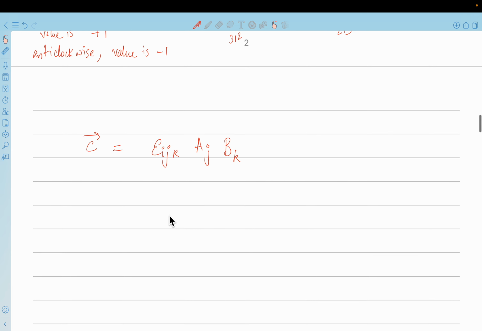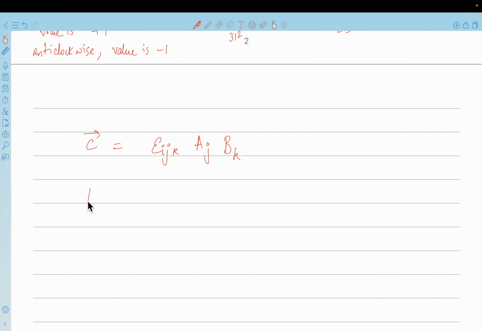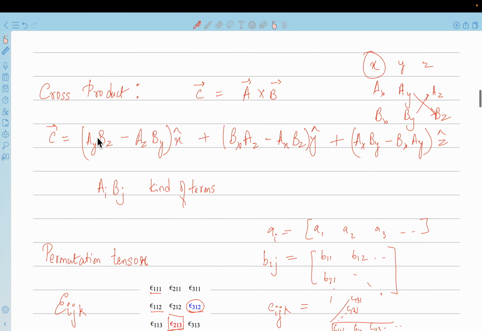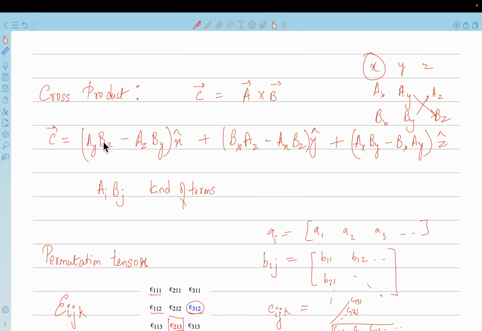Now you can check, if I have an ax bx term, then j becomes equal to k, and the value of this becomes 0. And ax bx kind of terms we did not have over here. We only had terms like ay bz, az by.